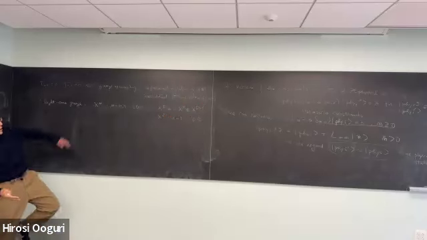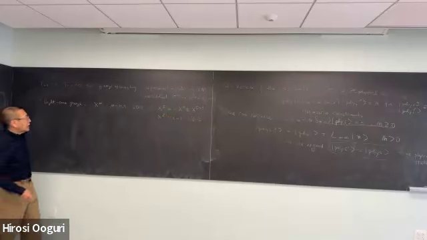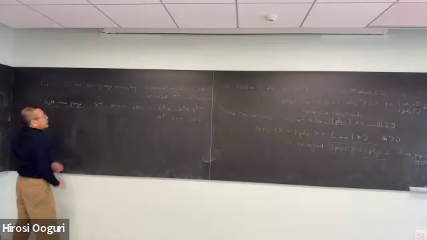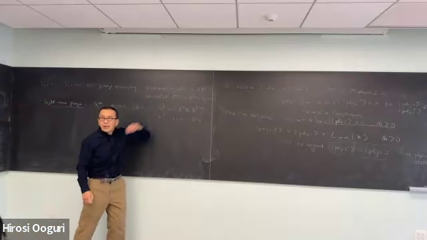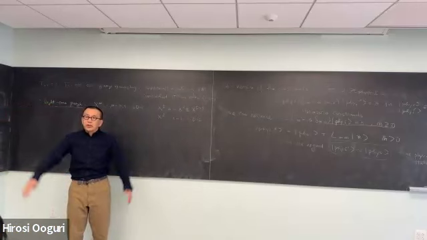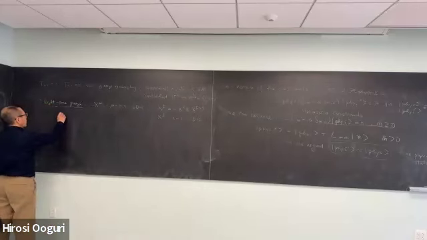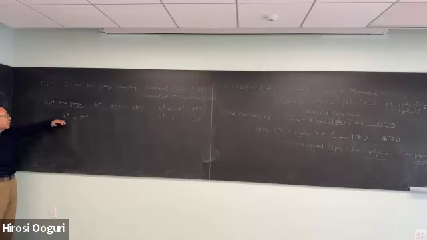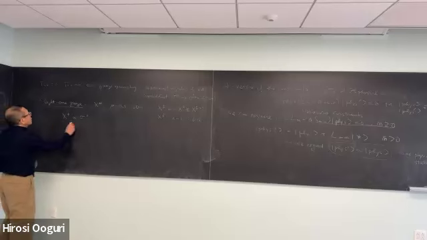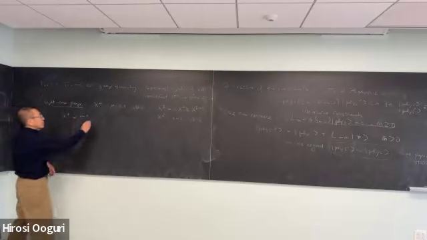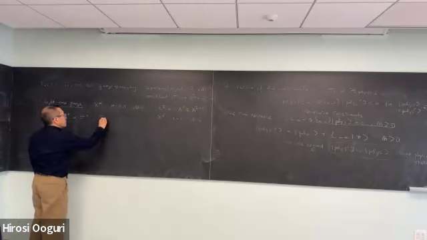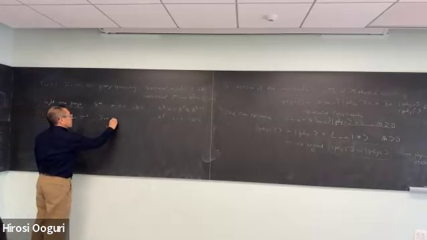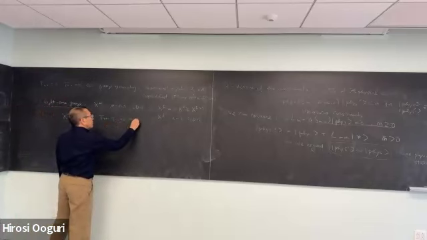These are target space coordinates. But we can make use of the freedom to choose the coordinate on the worldsheet. We can impose the condition that x plus is proportional to sigma 0, so that this is the time on the worldsheet. We measure the time on the worldsheet by this condition. With this choice, the equation can be solved.